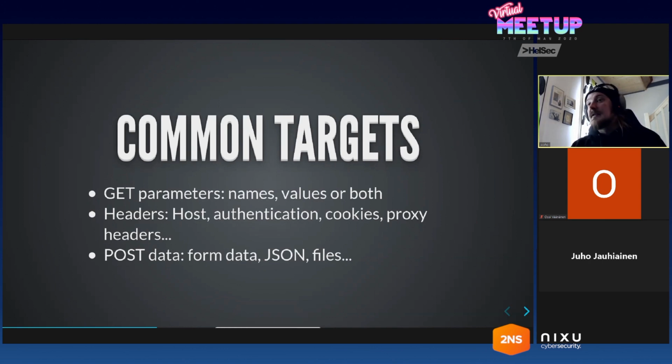Even user agent, which gets shown in some contexts in admin or log viewing applications, triggering possible exploits, and so on and so forth. Of course, POST data, form, JSON, whatever you might feed it with.